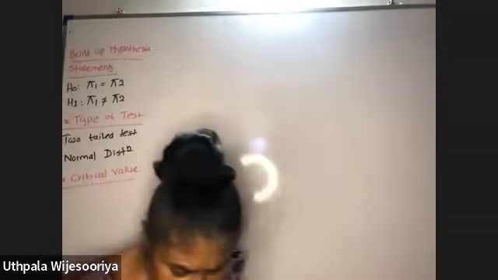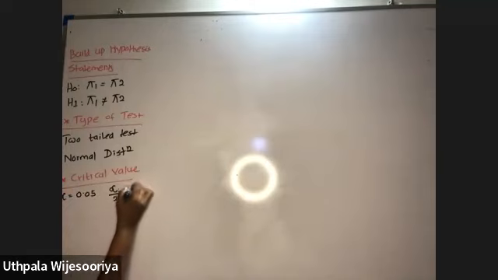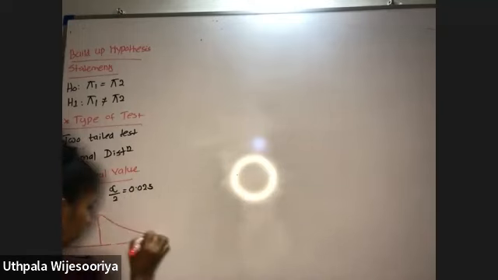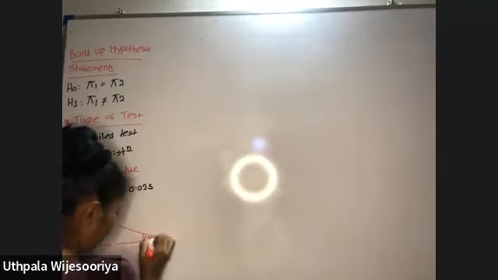So see whether at 5% level of significance. Now you need alpha over 2. Now find your critical value. So 0.025 on either side of the distribution, the rejection area.